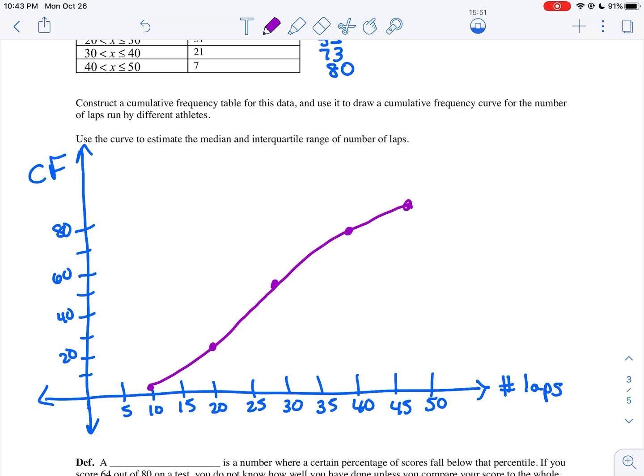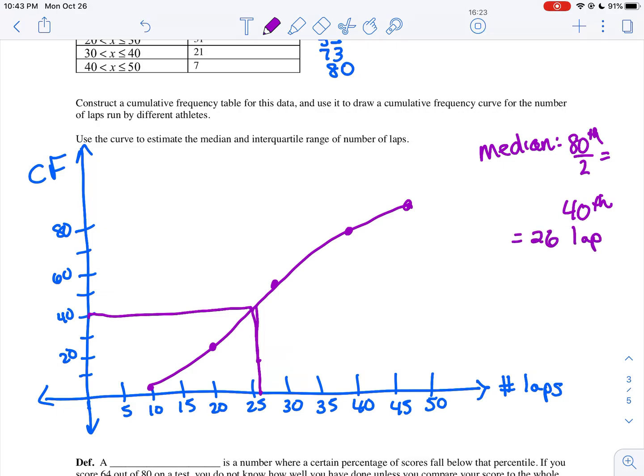So the median is the 80th divided by 2. That's going to be our best estimate. So it's the 40th data value. So we're going to do kind of an estimate here. So it looks like that's about 26 laps.